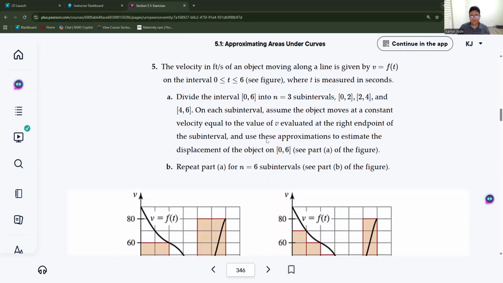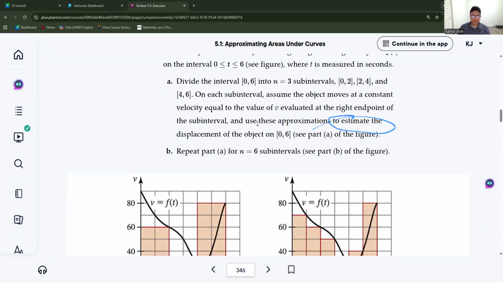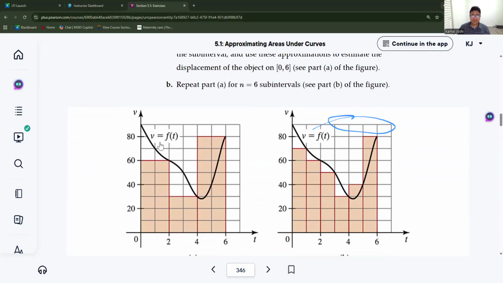Moving on. I think the next question is asking you to do right endpoint, as I suspected. A similar exercise, but with right endpoints, and the function is both increasing and decreasing here. So even without a much more careful observation, you cannot say whether it is going to be an underestimate or overestimate. You can actually count how many squares are overestimated and how many are left out.